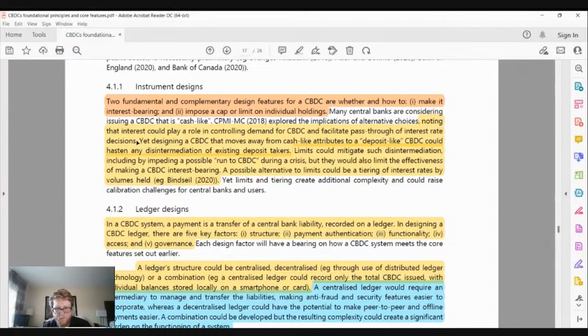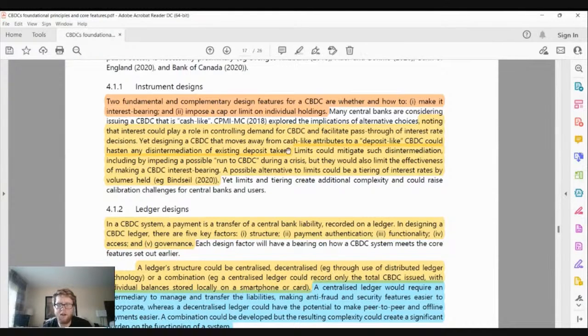So the central bank would bypass the commercial banking system to put more assets on non-banks' balance sheets. Also, designing a CBDC that moves away from cash-like attributes to deposit-like attributes could hasten any disintermediation of existing deposit takers.